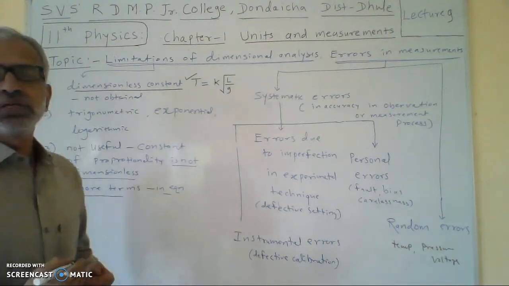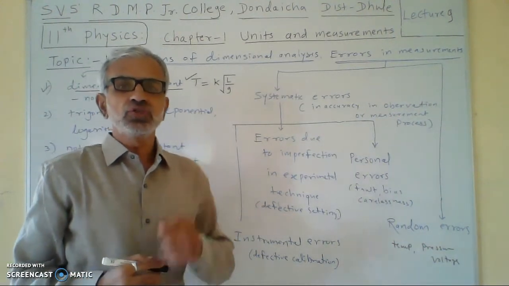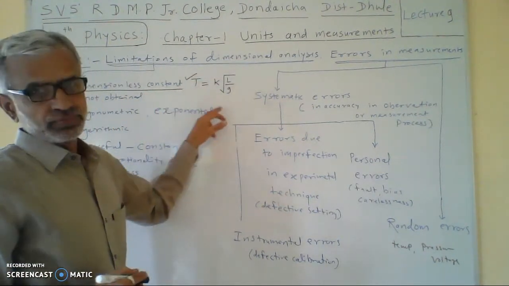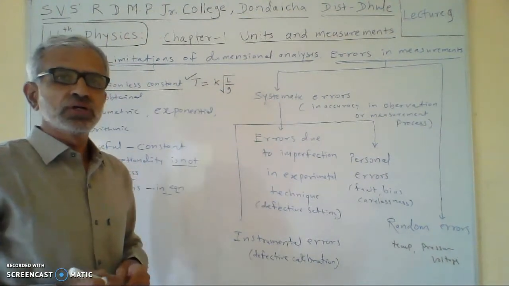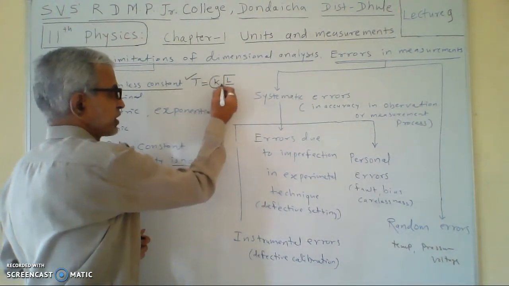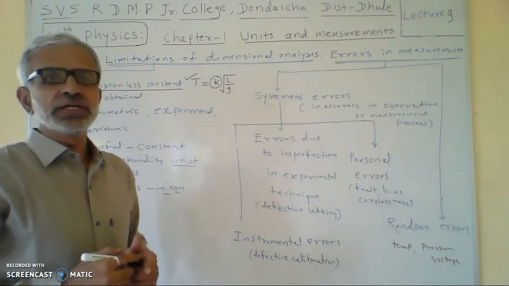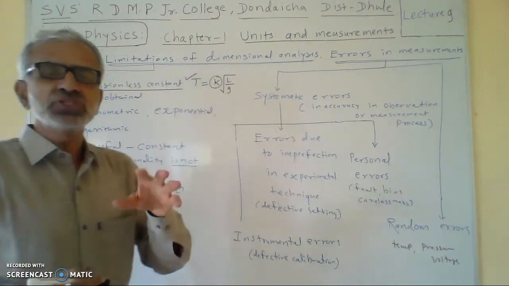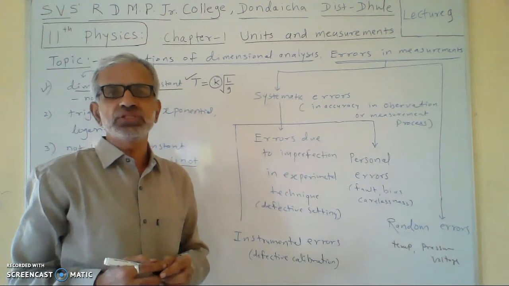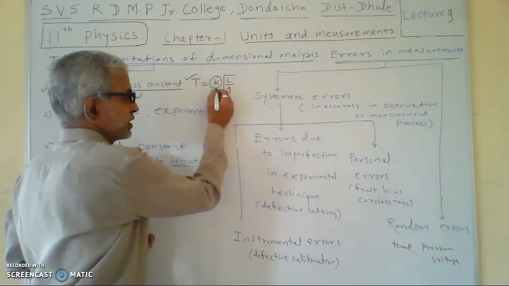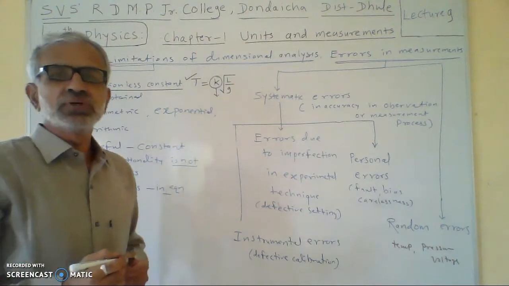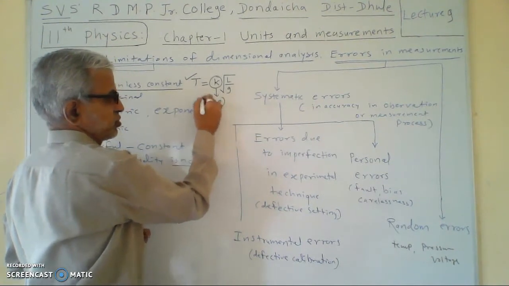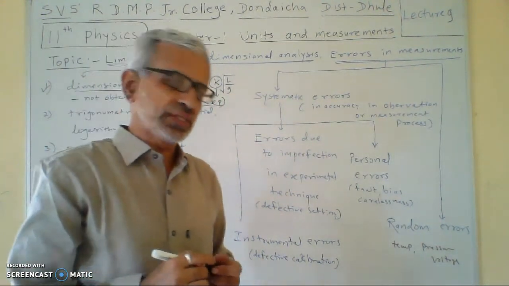We have seen this example in the second use of dimensional analysis, in which we determined this formula using dimensional analysis, where this k is a constant of proportionality and this constant of proportionality is dimensionless. It has no dimensions, and this constant is not determined by using dimensional analysis. It is determined using experiments.